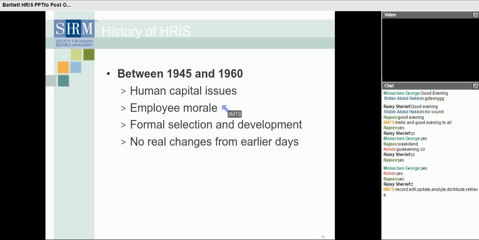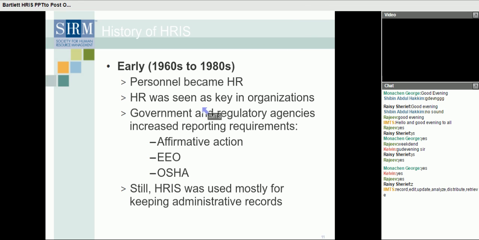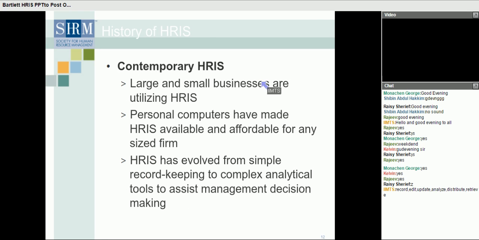Between 1945 and 1960, human capital issues, employee morale, formal selection and development, with no real changes from earlier days. Then in the early 1960s to 1980s, personnel became HR. HR was seen as key in organizations. Government and regulatory agencies increased reporting requirements, affirmative action. Still, HRIS was used mostly for keeping administrative records.